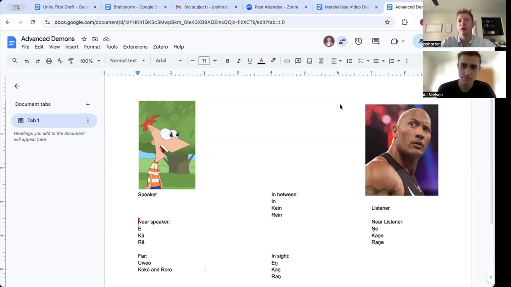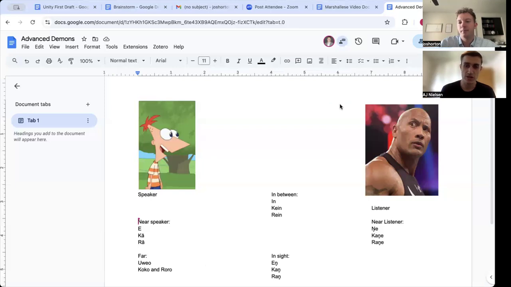This also works not only if it's physically in between, but if we've been talking about a subject, say books, for a while, now it becomes in between us. Then in, kein, or rein works for these things that we're talking about. So it's literally and figuratively in that sense.